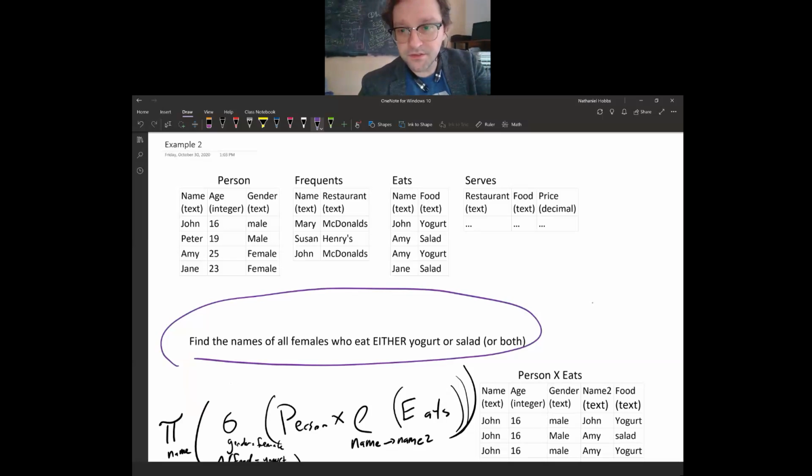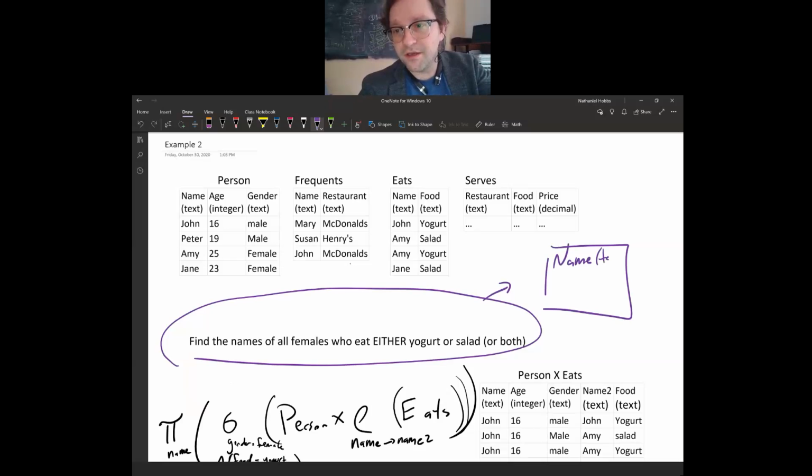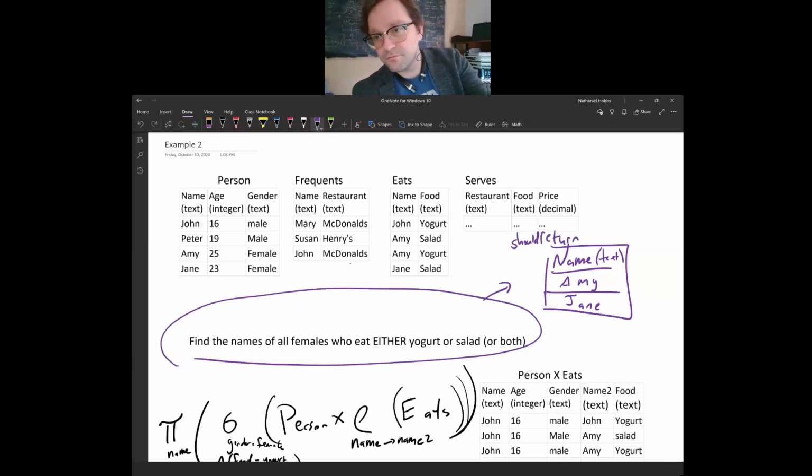Amy and Jane. Great. So this should result with a relation that will look like this. Name, that's going to be in text, and there will be one row for Amy and another row for Jane. So this should return that relation. Okay, great.